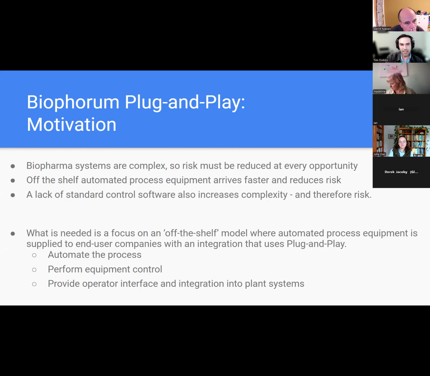And so the complexity is their first point. They say, hey, biopharma systems are super complicated. The biology is complicated and the system is complicated. So it's really crucial, because these are medicines, that we reduce risk everywhere. No matter what we're doing, we should have the minimum risk of something going wrong.